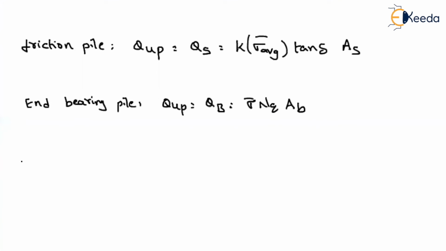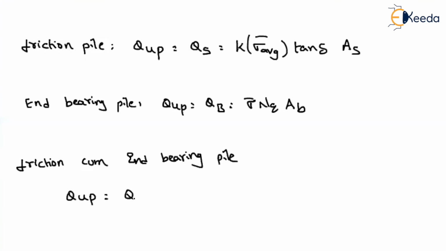Suppose it is a friction cum end bearing pile. So the ultimate capacity of the pile can be written as the summation of end bearing resistance plus frictional resistance.